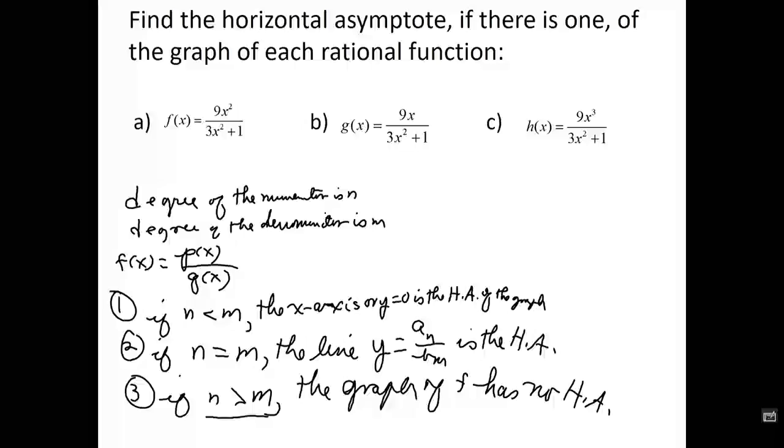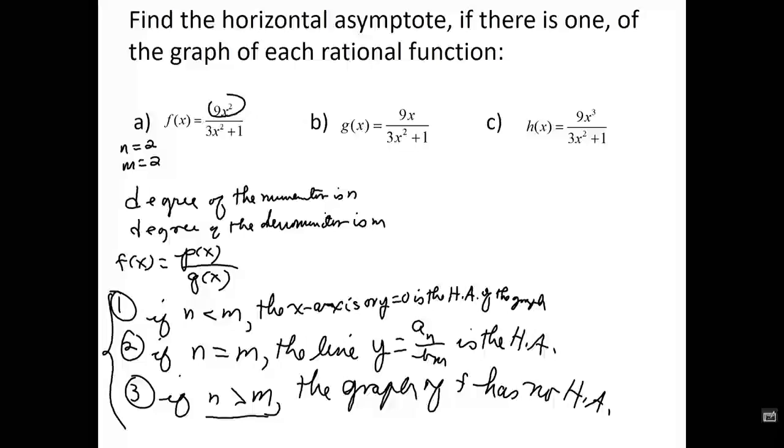So let's see how these conditions apply in each of our examples here. In the first example, we have the function f of x is equal to 9x squared over 3x squared plus 1. The degree of the polynomial in the numerator, n, is equal to 2. m is also 2, the degree of the polynomial function in the denominator.